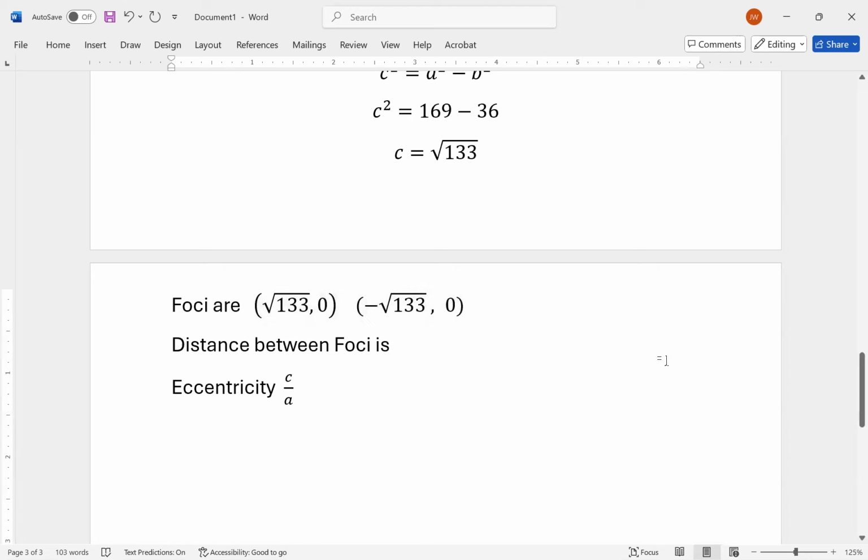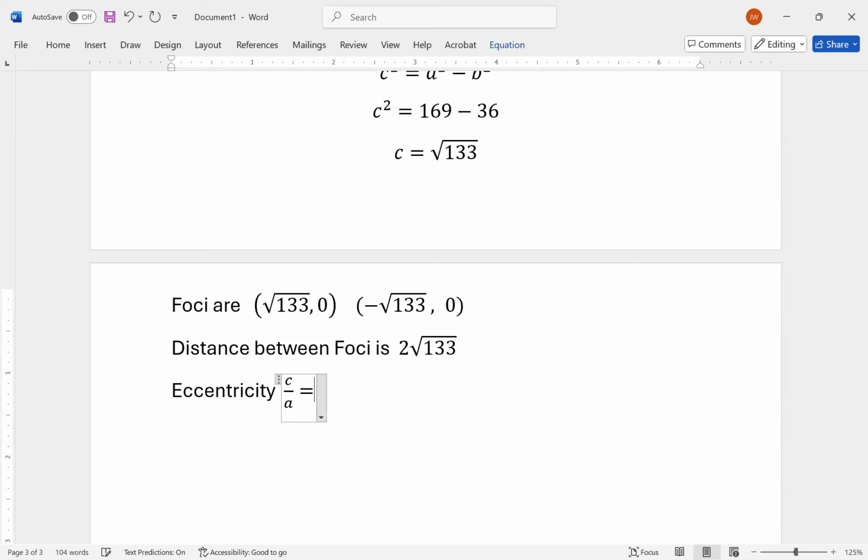The distance between the foci is twice the square root of 133. If you were to do that, you just double that 11.53. You'd get about 23.07, or 23.0607 if I don't round, depending on how the rounding is.